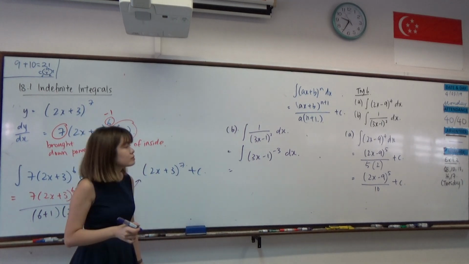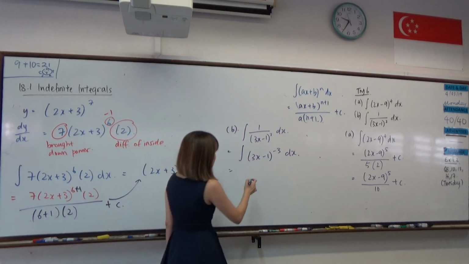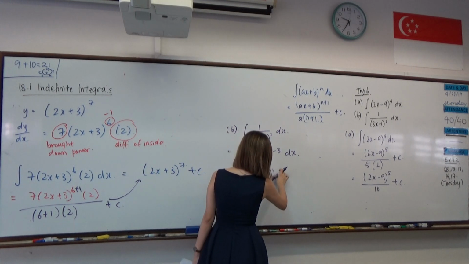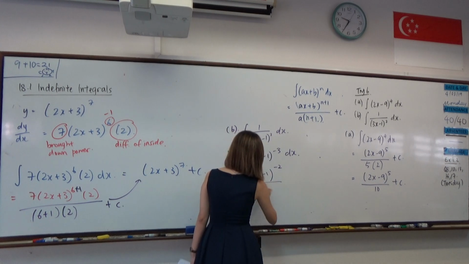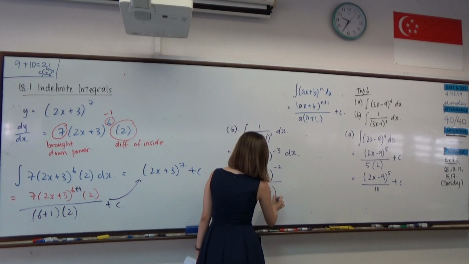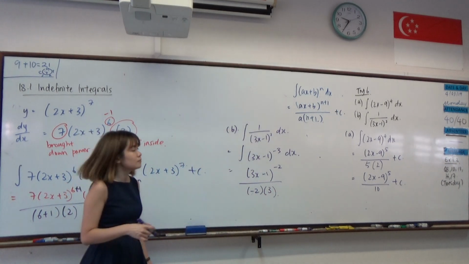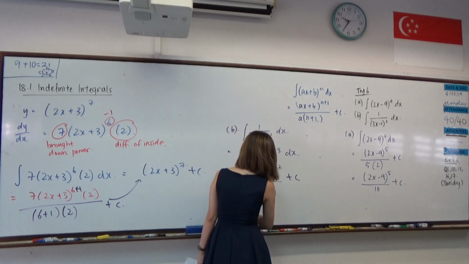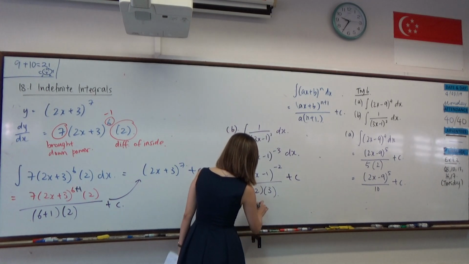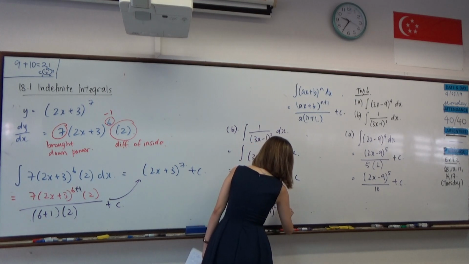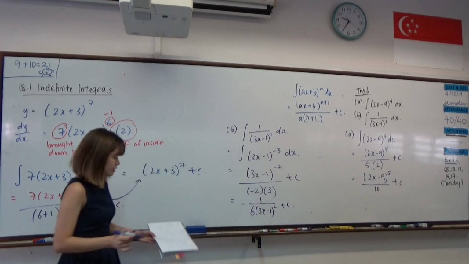So (3x - 1)^(-3), we would plus 1 to the power, then bring down the negative 2 as well as the 3. Then after that plus c. So we simplify our answer, and we will be getting that.